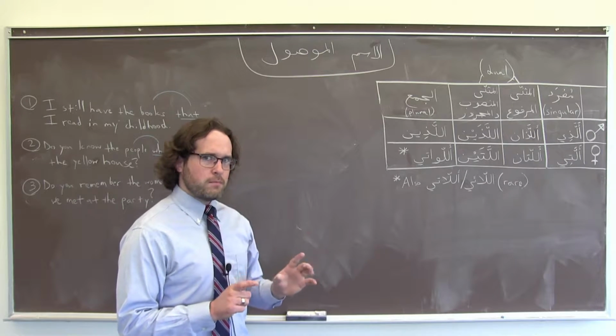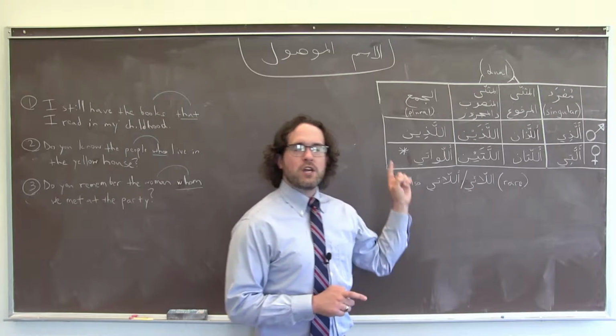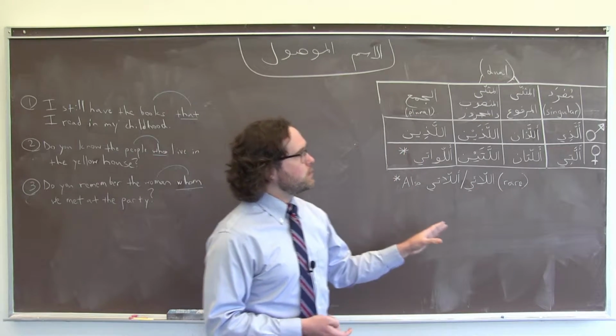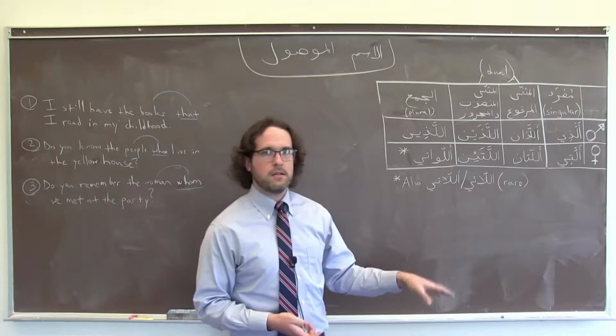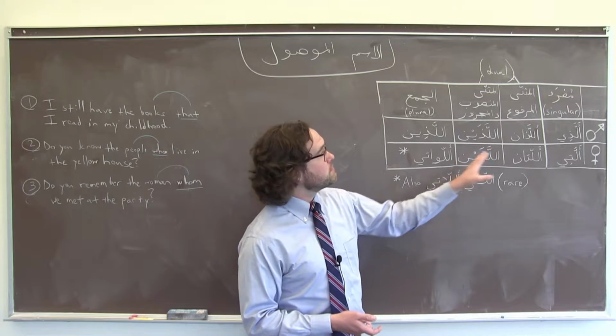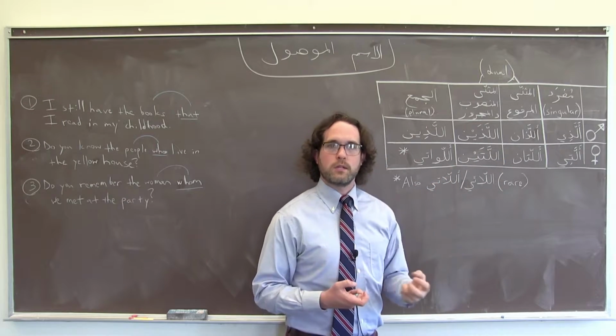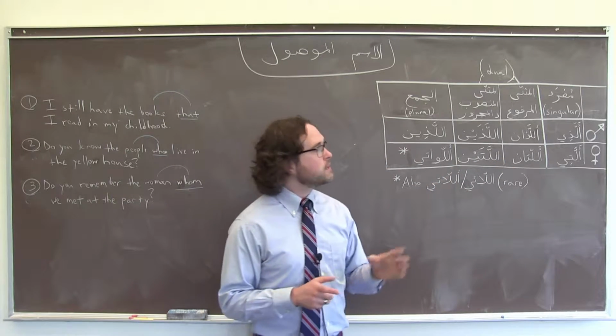And that relative pronoun is sort of going to be a variation on the theme, depending on whether it's masculine or feminine, dual or plural. We have a separate video about the vagaries of the dual. You can check that out, or you can wait until you learn a little more in class about the dual.